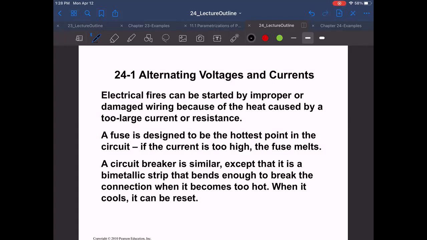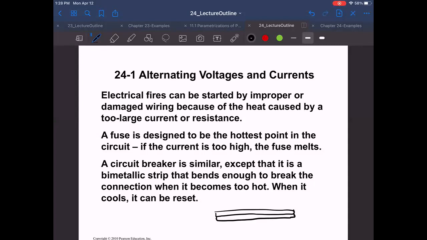Now in houses, what we have instead are circuit breakers. What these things do is they're essentially two pieces of metal welded together like this. They each bend a different amount when you change their temperature.